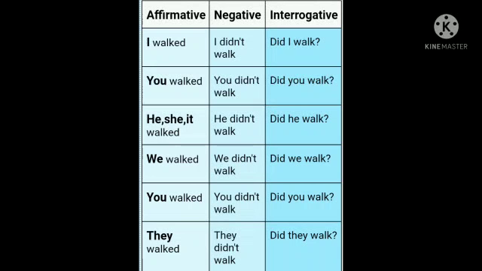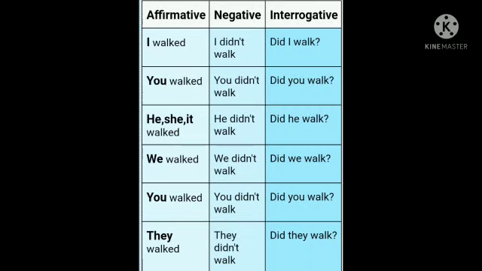Okay, now the fourth one, we walked is the affirmative sentence, and then the negative will be we didn't walk, and similarly the interrogative of this affirmative and negative sentences will be did we walk.